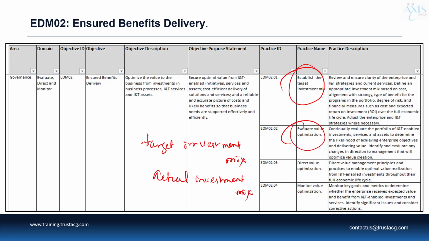So this is something that you can measure to see whether you are achieving the outcomes through the evaluation.